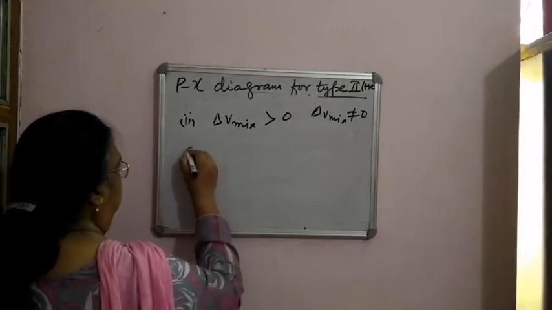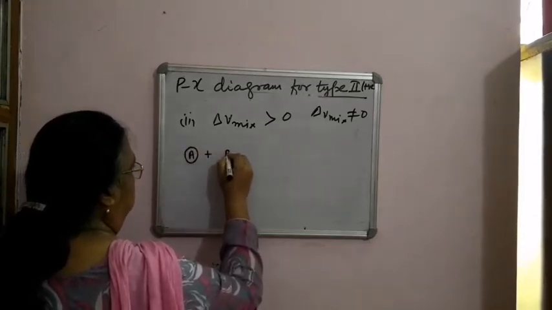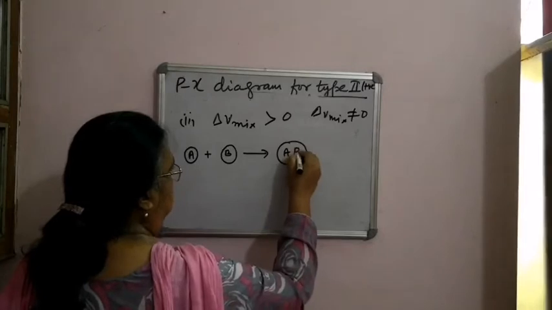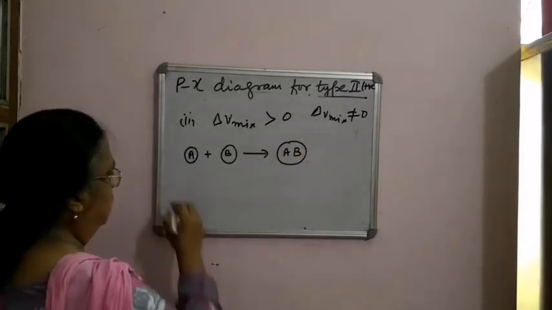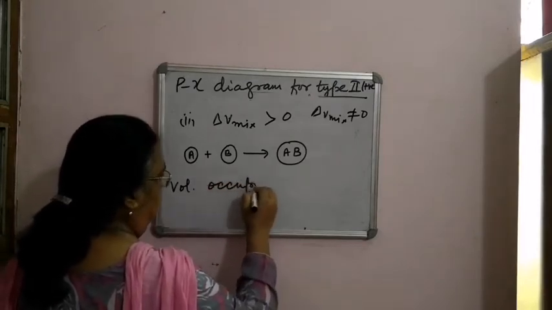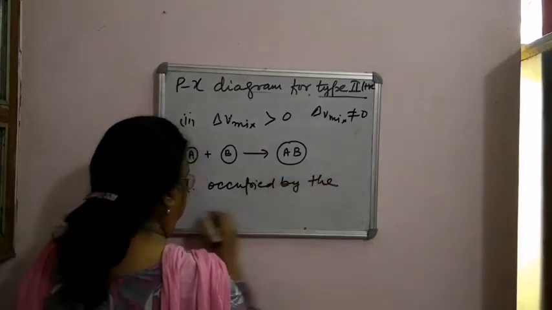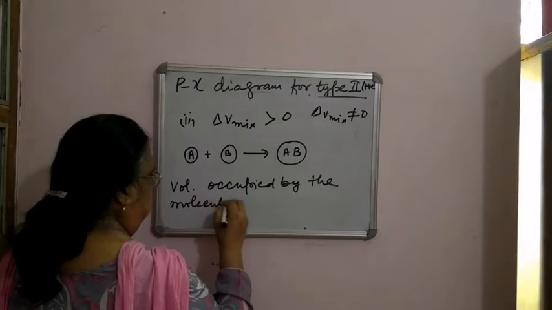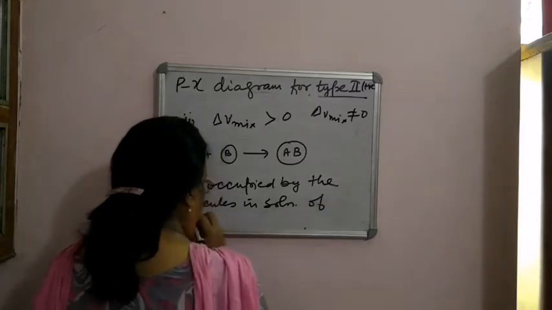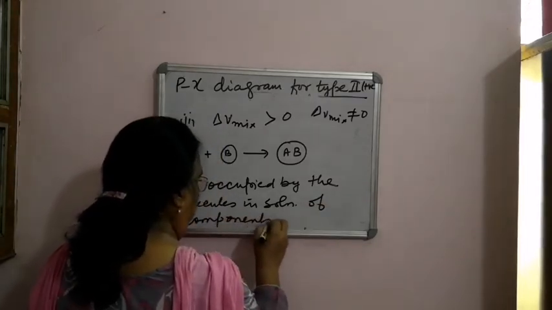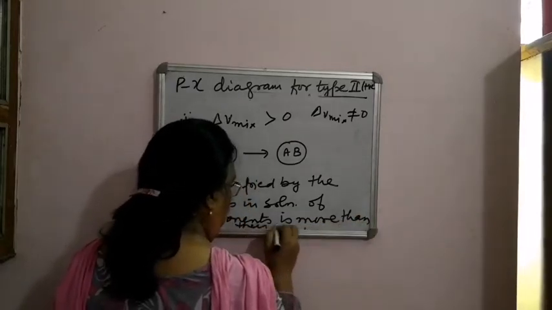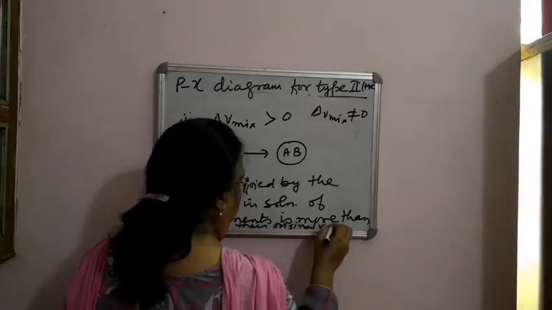If the volume of A molecule is so much, the volume of B molecule is so much, and the solution formed has this much, then the volume occupied by the molecules in solution is more than their original volume.